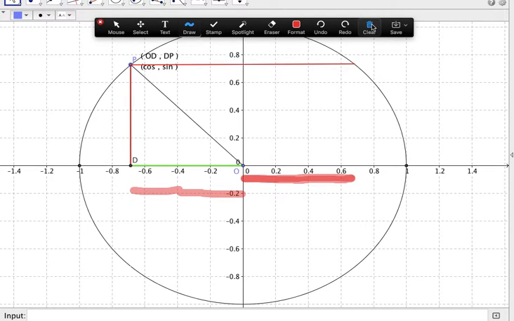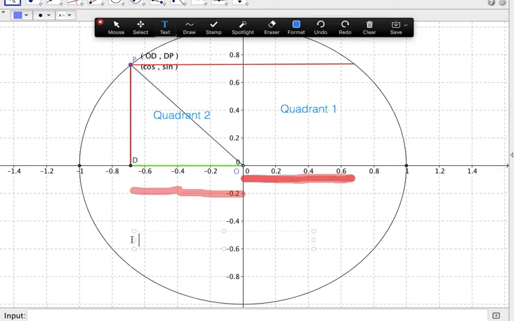Okay, so now that we have a rough idea of what the answers will look like, we know that one of our answers is going to be in quadrant 1, and one of our answers is going to be over here in quadrant 2.